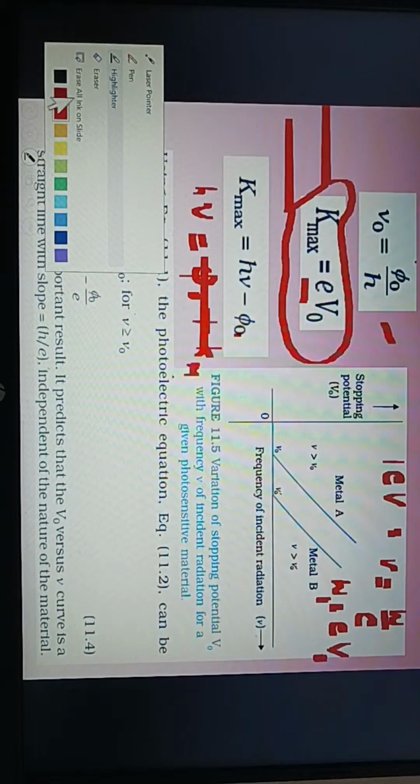Right? Understood? Yes, sir. Now K maximum is what? eV0 here, and h nu minus phi. If the frequency is greater than or equal to nu 0, you will get this.